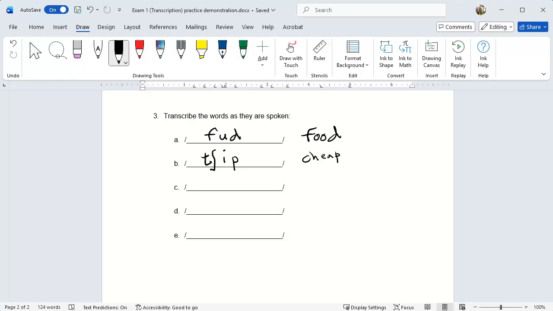Next, we might have lash, lash, regular spelling like that, which would be l, our a vowel, and sh consonant.